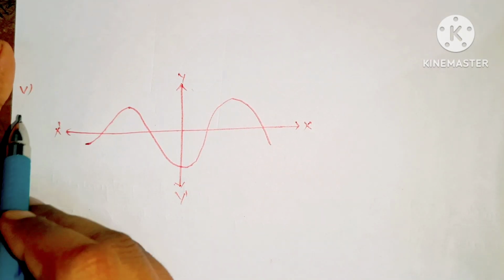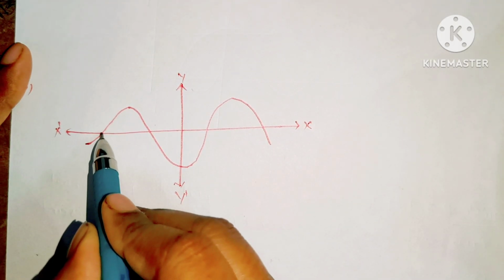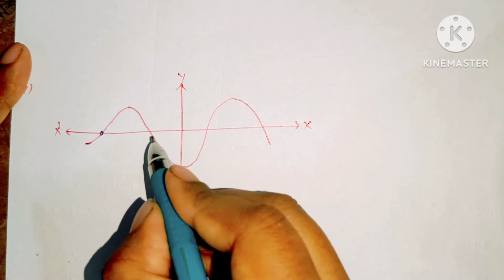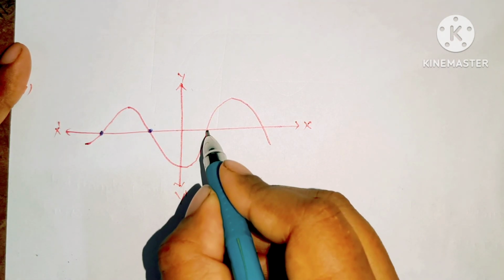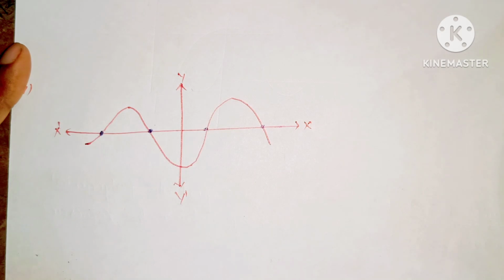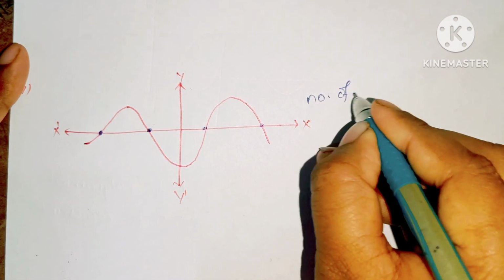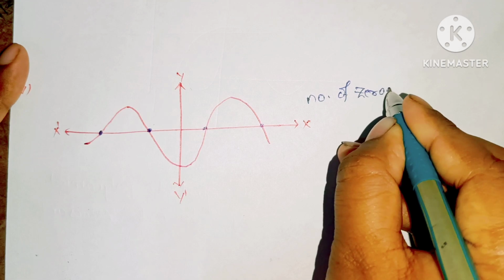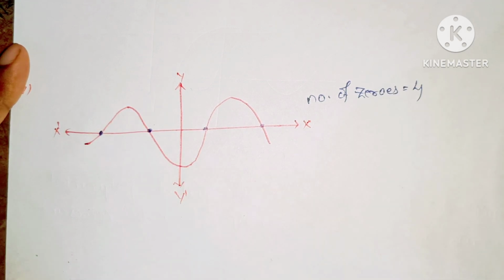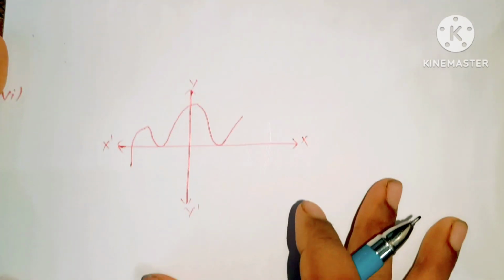So see here, in the fifth question, at how many points was it intersecting? 1, 2, 3, 4. So how many roots are there? 4. So number of zeros equal to 4. Okay, next.